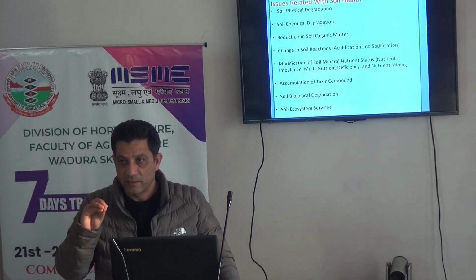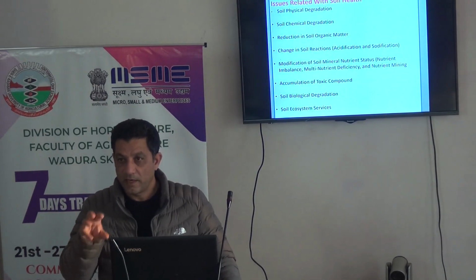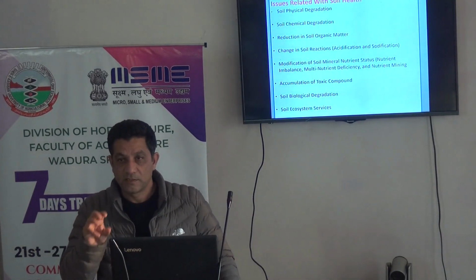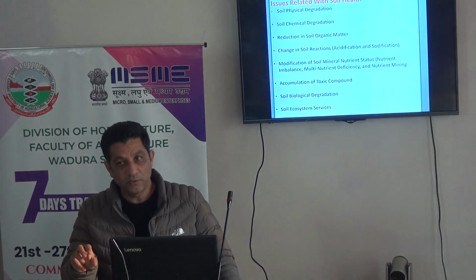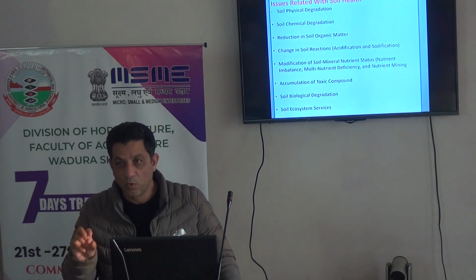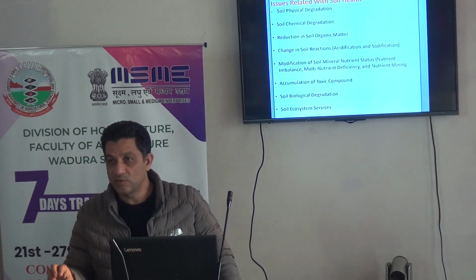When we add nitrogen to the soil in the ammoniacal form, it gets adsorbed on the clay colloidal complex. Since clay has more negative charge, the nutrient holding capacity of the clay soils is more as compared to that of what? Sandy soils, which have less negative charge.